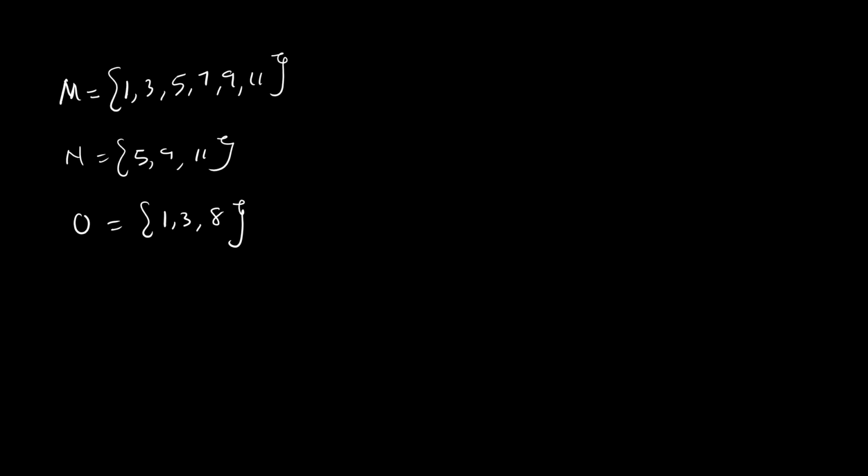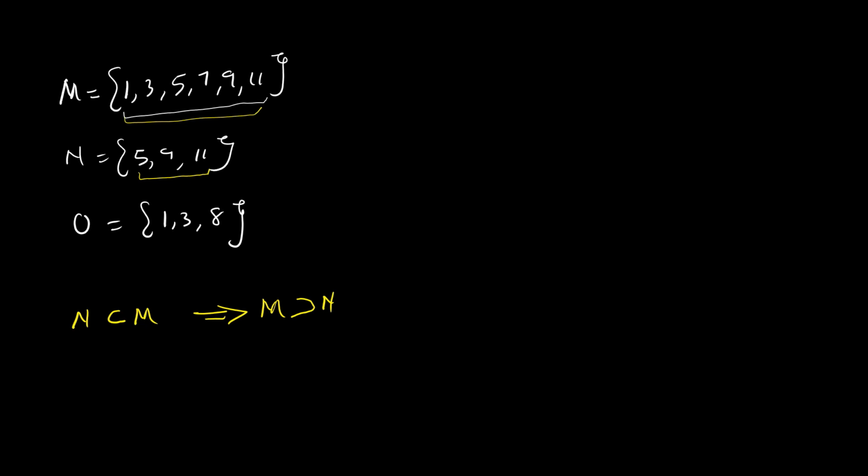So if you take a look at the elements of set M and look at the elements of set N, we can see that all elements of set N are also in set M. So therefore, set N is a subset of set M. Also it means that set M is a superset of set N.